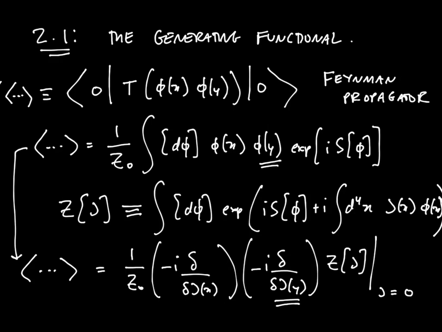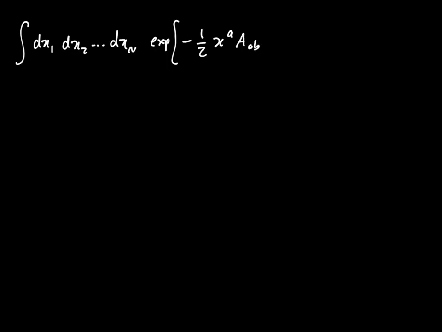So let's do that. To do that, it is helpful to remember an identity for doing Gaussian integrals. Let me remind you how to do Gaussian integrals. So again, you should have seen this in QFT1, but if you don't remember, that's okay. Take a look at the homework for this week. In particular, write this down carefully. So here, x is a vector living in R^n, and I'm integrating over all of the n components of x.